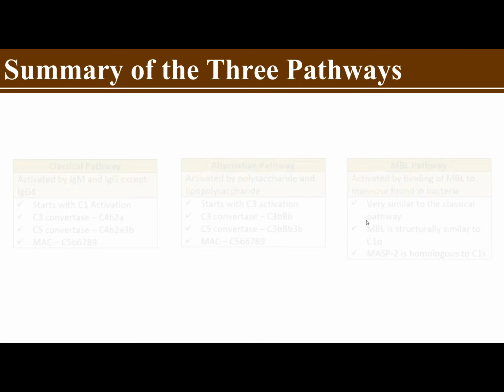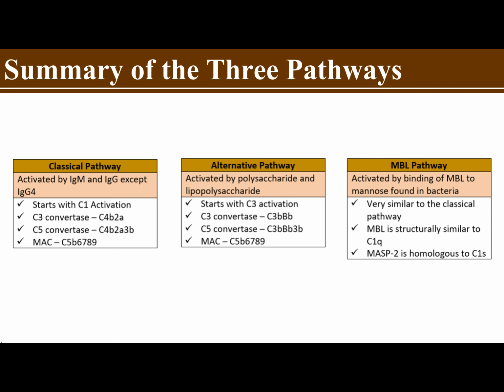Then a summary of the three pathways. The classical pathway is activated by IgM and IgG, except IgG4. It starts with C1 activation, the C3 convertase is C4b2a, and the C5 convertase is C4b2a3b. The MAC is C5, 6, 7, 8, and 9. Then the alternative pathway is activated by polysaccharide and lipopolysaccharide. It starts with C3 activation.